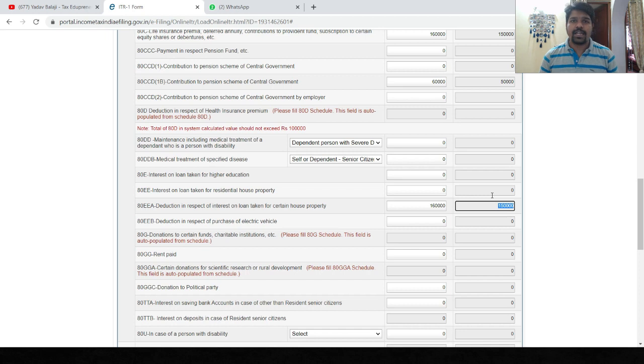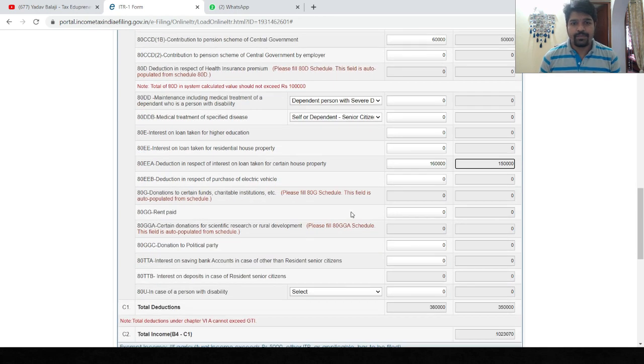For example, last year you bought a house whose value is less than 35 lakhs and you paid interest of 3,60,000. 2 lakhs you can claim under section 24, and the balance 1,60,000 you can put here, but you are eligible to claim 1,50,000 only, and this should be your first house property. If you already have 2-3 houses, then you are not eligible.